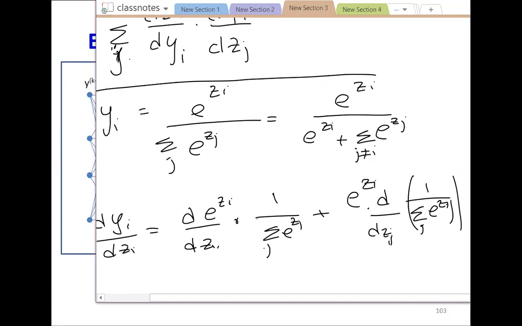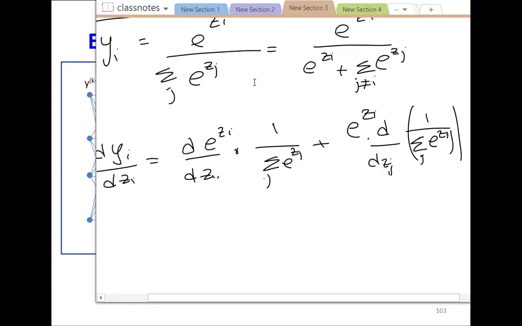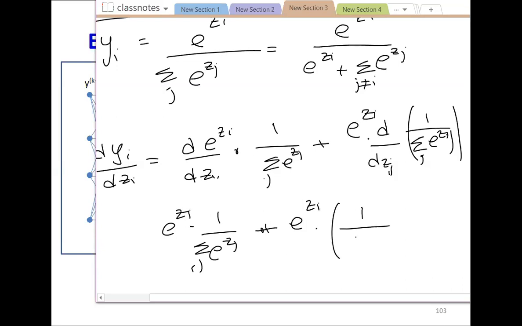The first term is just e raised to zi times 1 over summation j e raised to zj. The second term plus e raised to zi remains, then you have 1 over summation j e raised to zj squared times minus 1, times the derivative of this term itself with respect to zi, which is e raised to zi.